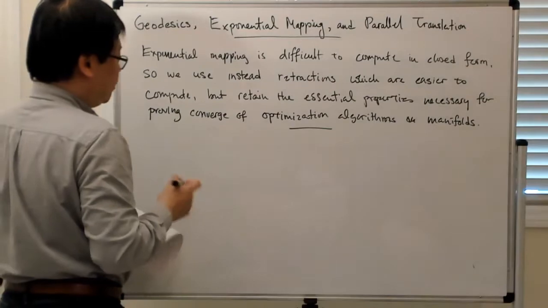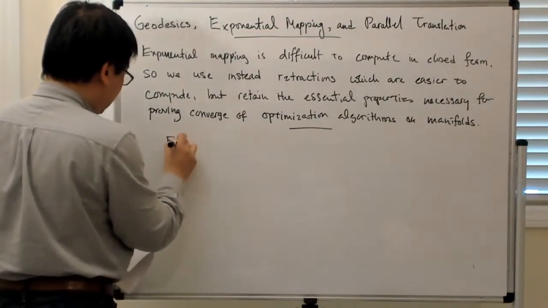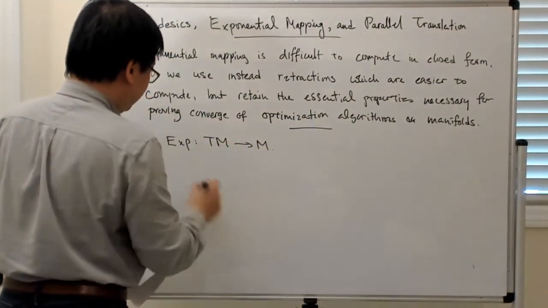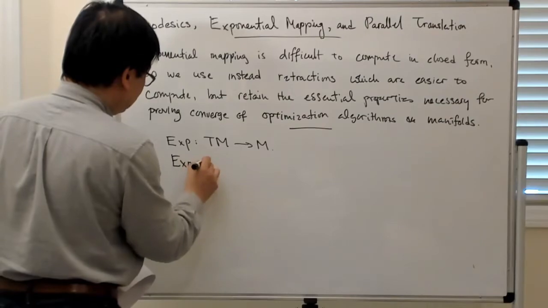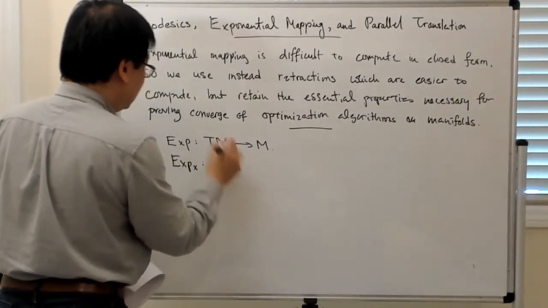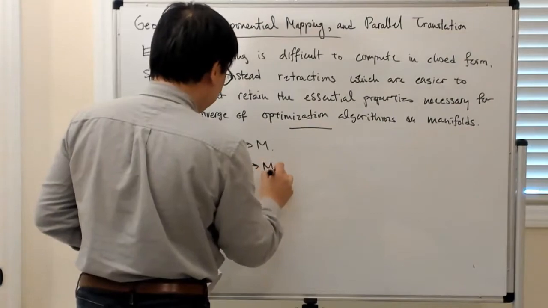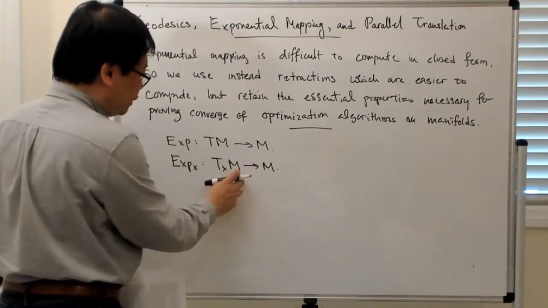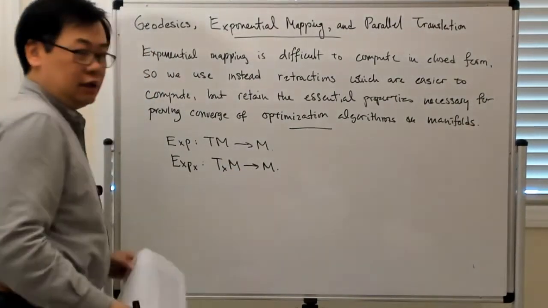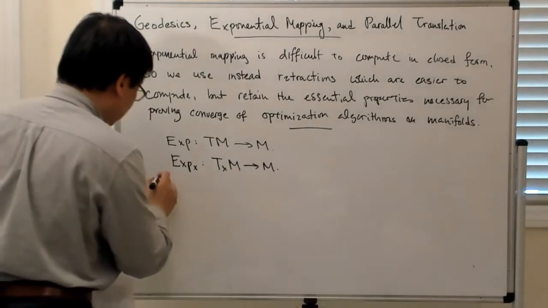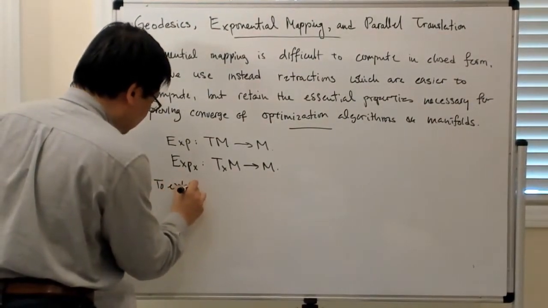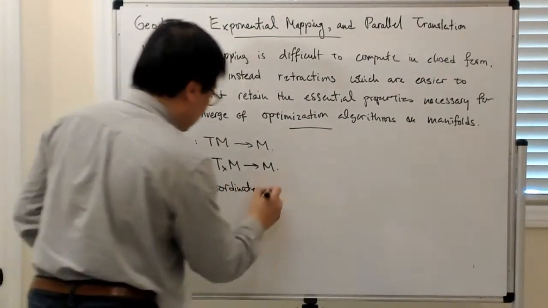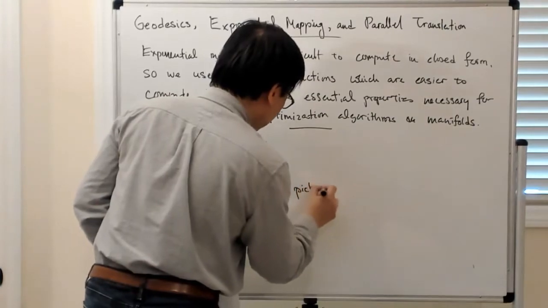The way you see that is that the exponential map is a map from tangent spaces to M. In particular, the exponential at a particular point is the map from the tangent space at X to M. This has the structure of a vector space, so to extract coordinates, we pick a basis.